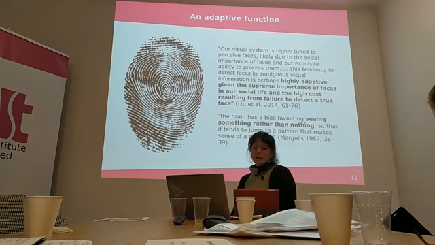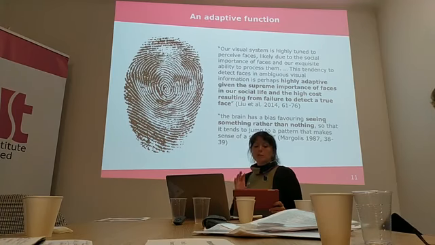According to Liu et al., our visual system is highly tuned to perceive faces, likely due to the social importance of faces and our exquisite ability to process them. This tendency to detect faces in ambiguous visual information is perhaps highly adaptive, given the supreme importance of faces in our social life and the high cost resulting from failure to detect a true face.